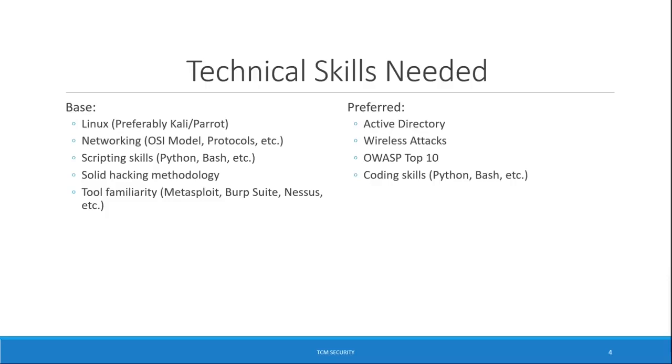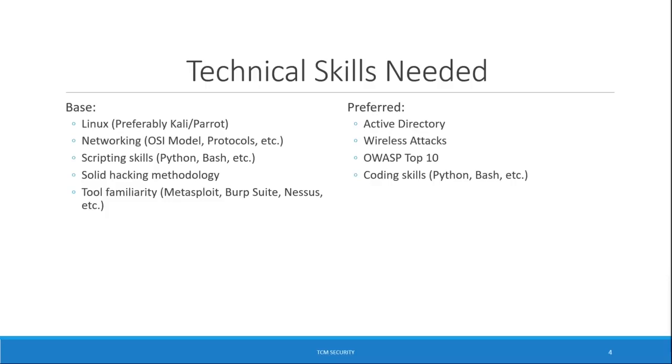And you should have a solid hacking methodology. And this is all what we would want as a base for an interview. You should have also tool familiarity, right? Metasploit, Burp Suite, Nessus. If all of this sounds like a foreign language to you, that's fine. Come back and watch this video again once you've gone through the whole course, and it's going to all click for you. And you're going to say, hey, I know a lot of this.